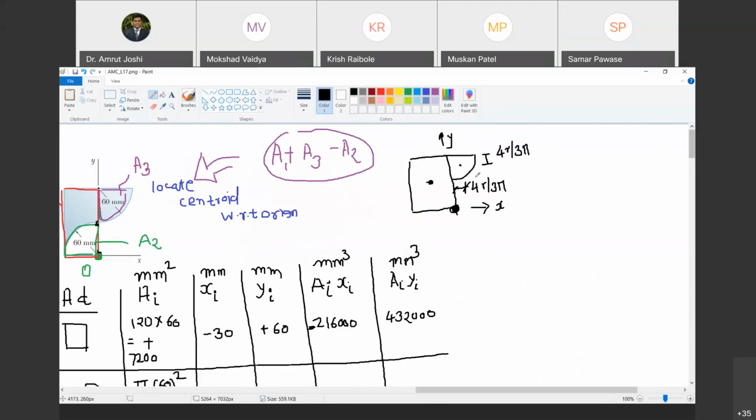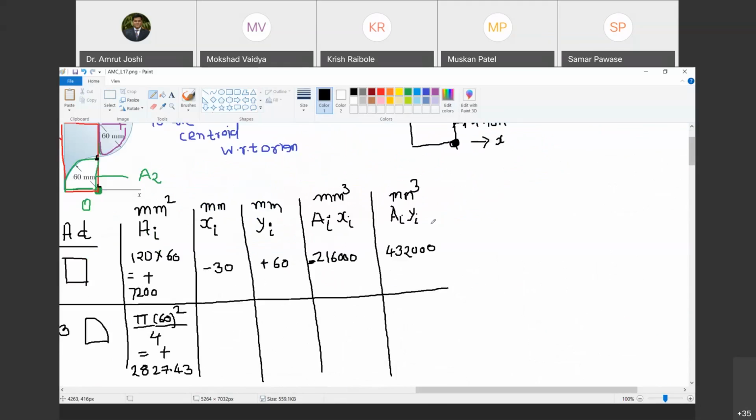What will be the sign of x bar? Plus. Both positive. So this is going to be 4 into r, that is 60, upon 3 pi. So tell me how much is that?